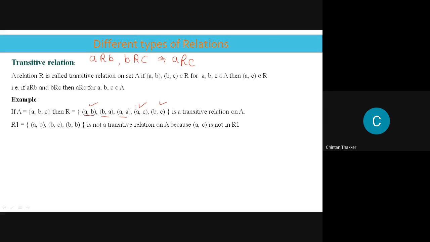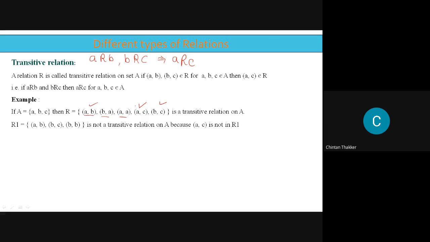Here see, in R1, (A,B) is there, (B,C) is there, but (A,C) is not in R1. The (A,C) is not inside of R1.